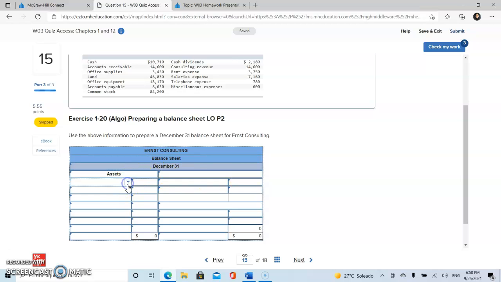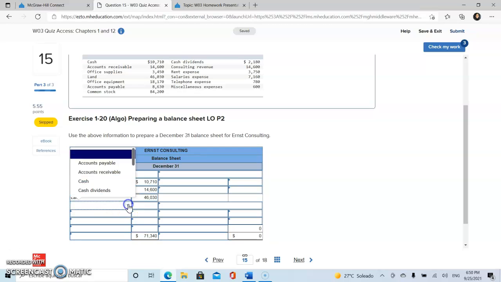We will start with cash. Then accounts receivable. Then land. Office supplies.